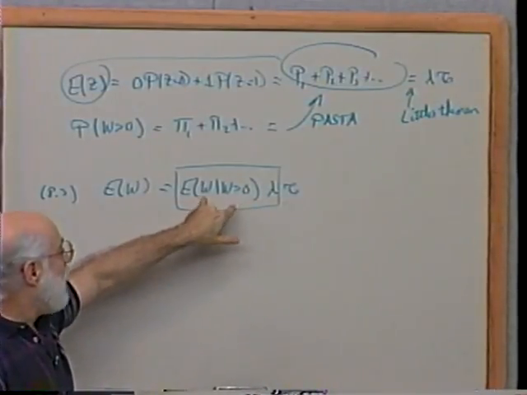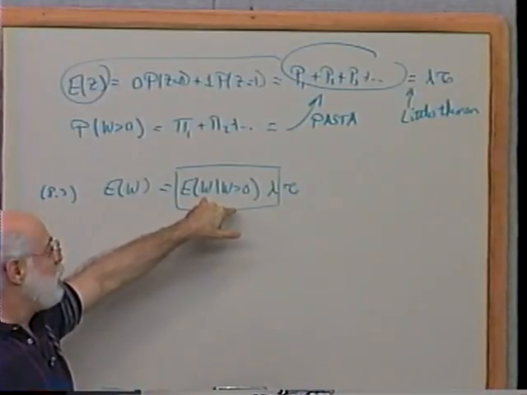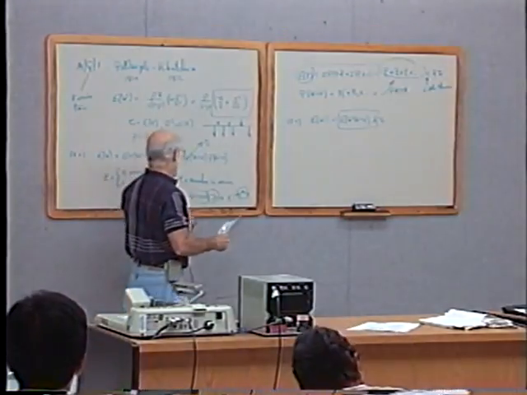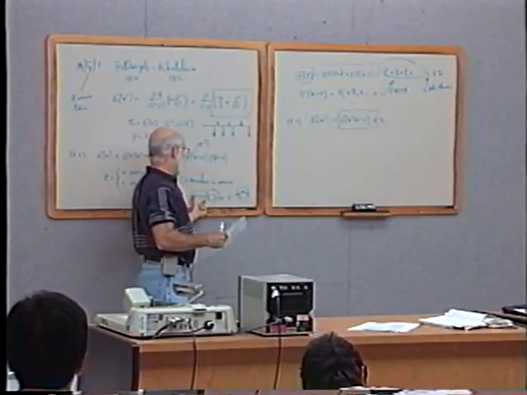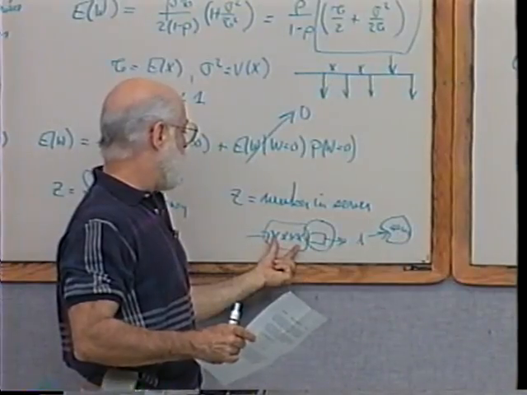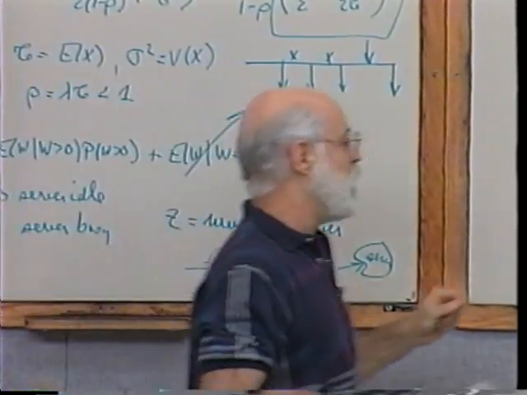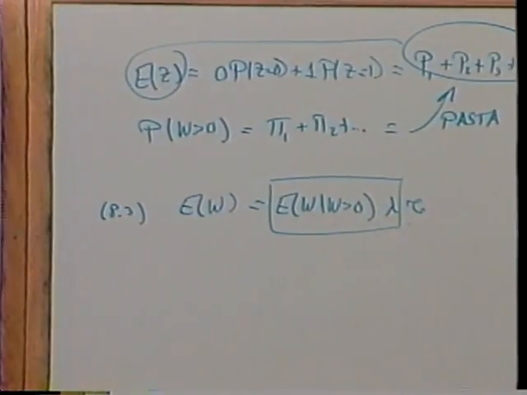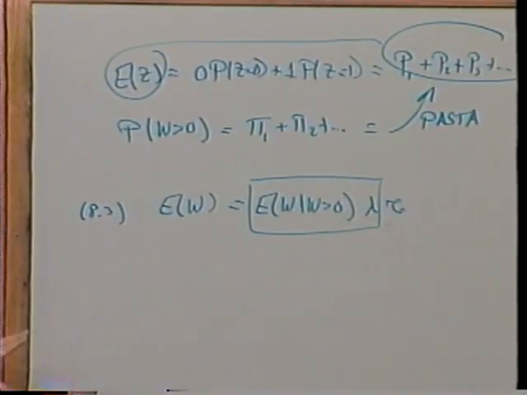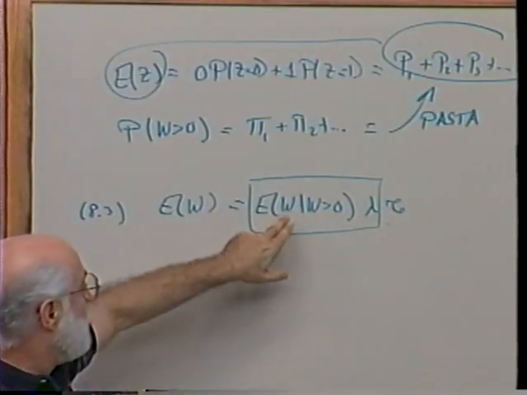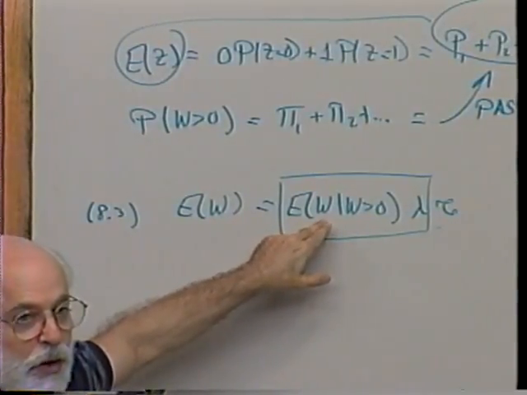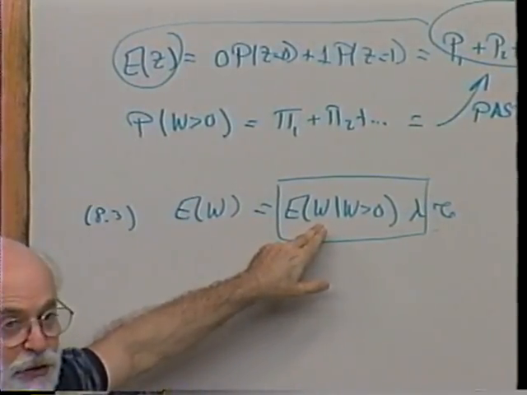The waiting time is the time that you spend in the queue. So now I'm going to use Little's theorem in which the system is the queue. I'm going to look at the queue only during the times that the server is busy, when the waiting time is greater than 0. Now, W is the time spent in the queue, and what we've called capital Q is the length of the queue.